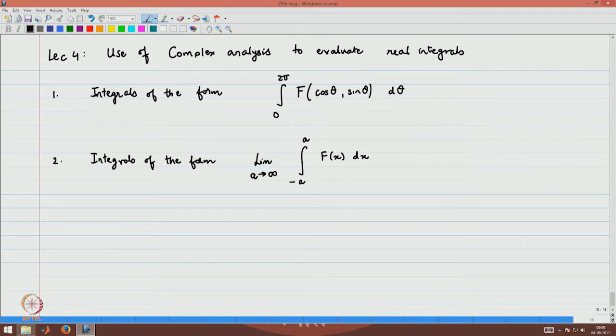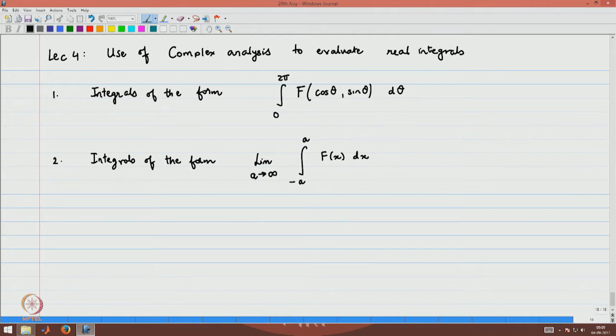In the first case you have a function of cosine theta and sin theta, and then you have d theta. In the second case you have a function of x dx which you are integrating from basically minus infinity to plus infinity.